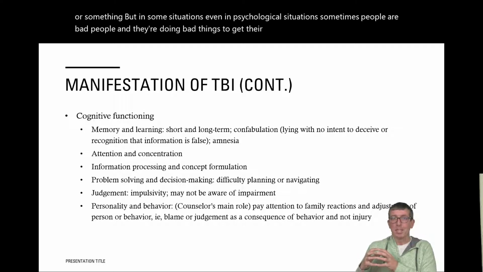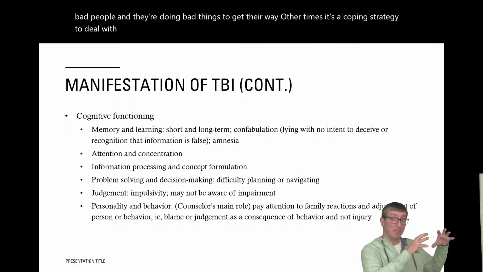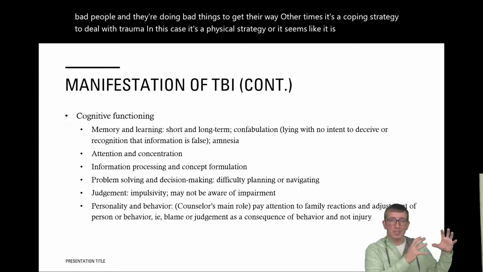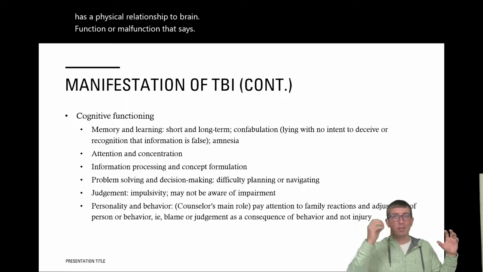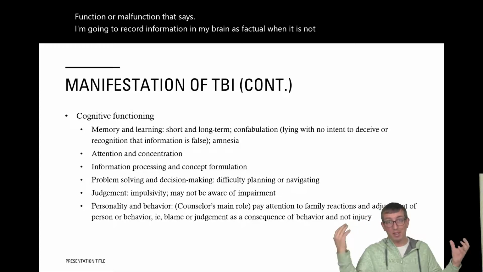Other times, it's a coping strategy to deal with trauma. In this case, it's a physical strategy, or it seems like it is. It has a physical relationship to brain function or malfunction that says, I'm going to record information in my brain as factual when it is not actually factual.